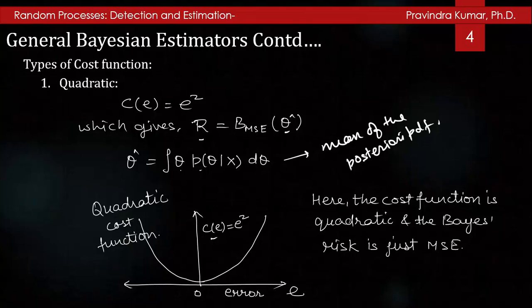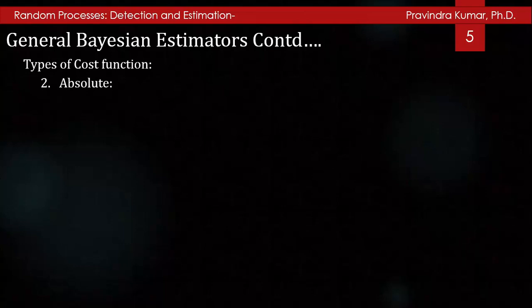Another cost function is the absolute cost function, where C(e) is the modulus of error e.